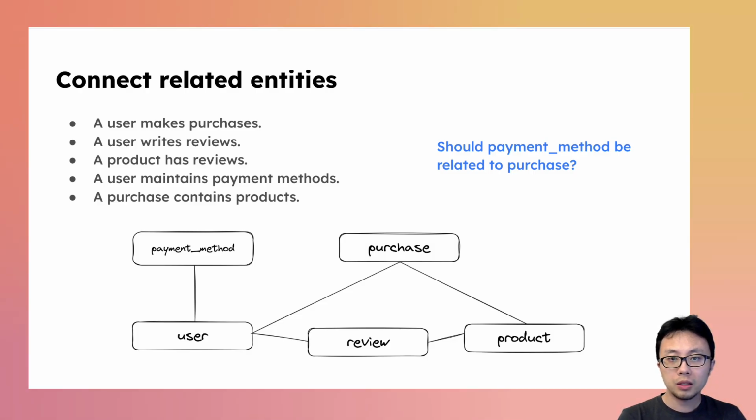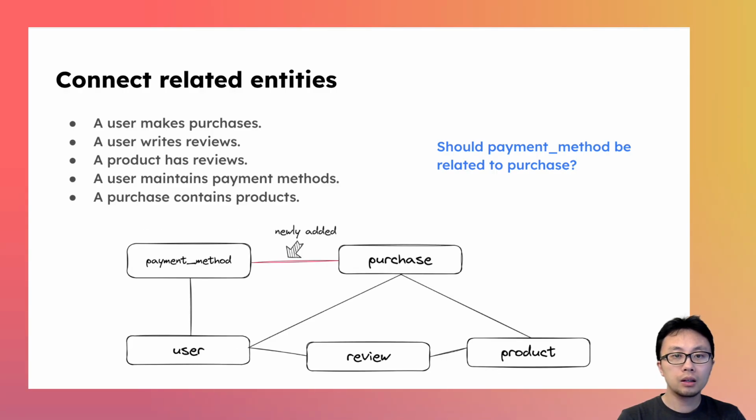Without the payment method information, an online order can't be finished, and the online store can't bill its customer. In other words, each purchase record needs to be mapped to a corresponding payment method. As a result, a relationship between payment method and the purchase makes sense. So you can add a line between payment method and the purchase to make the 2 entities related to each other.